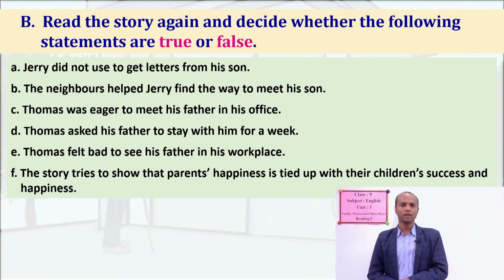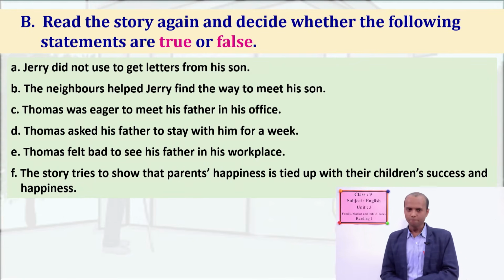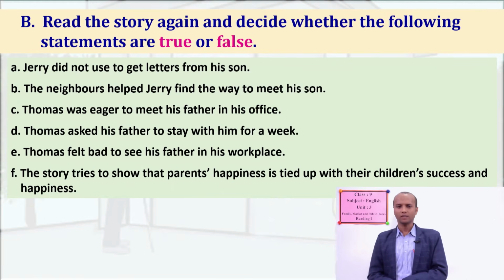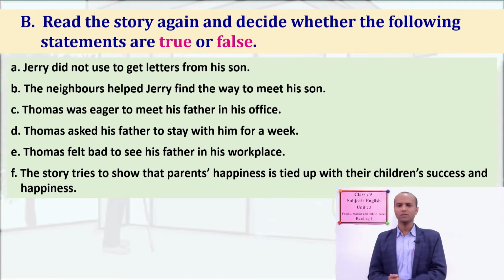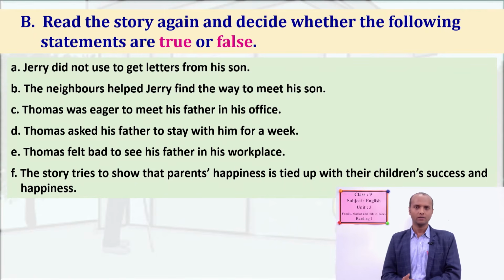Number D, Thomas asked his father to stay with him for a week. Number E, Thomas felt bad to see his father in his workplace. And finally, number F, the story tries to show that parents' happiness is tied with their children's success and happiness. Please try to think about the answers.